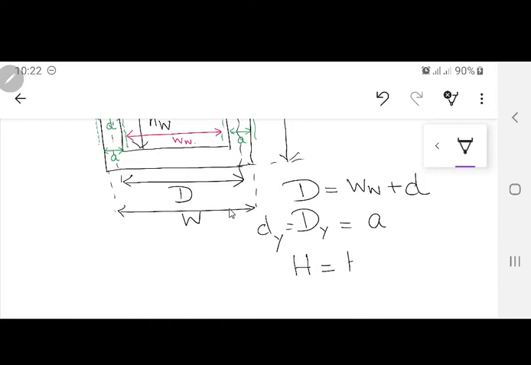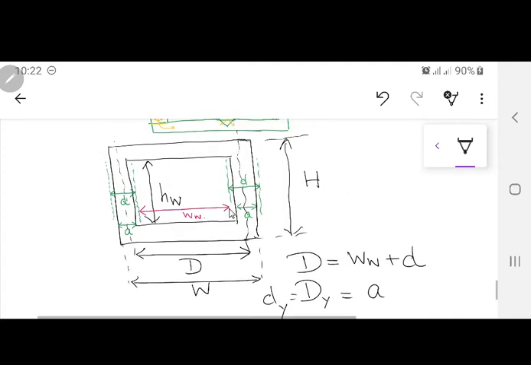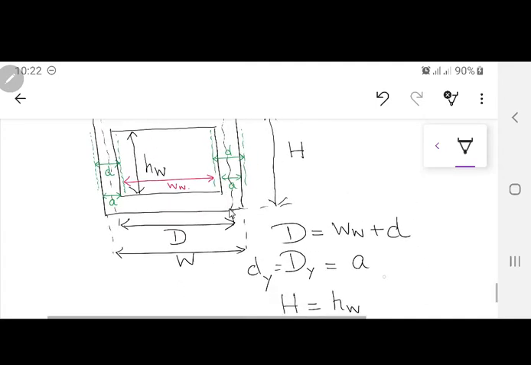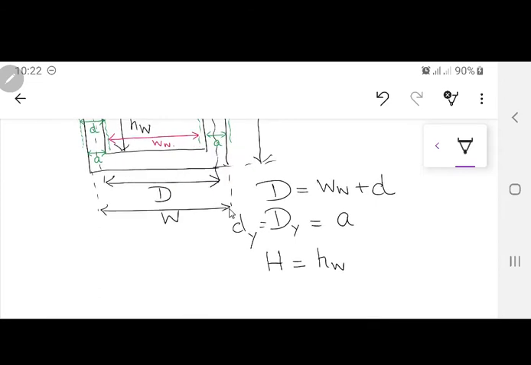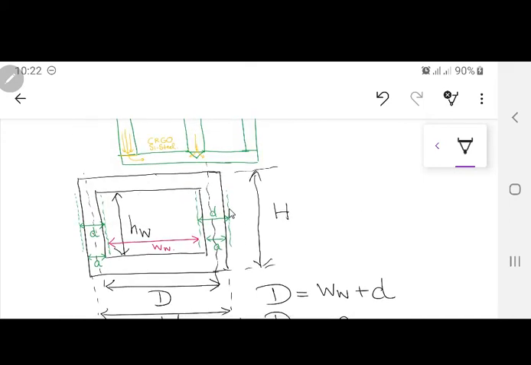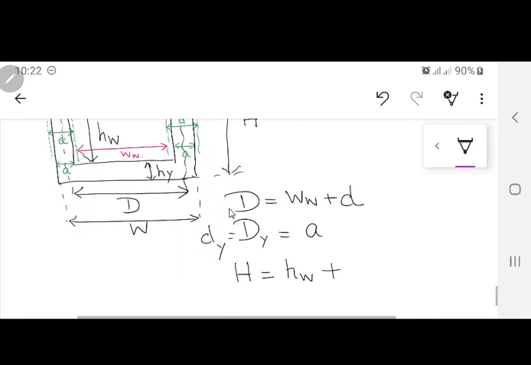This is going to be equal to HW, the height of the window, plus what? Plus the yoke height multiplied by 2. Why? Because this distance, as we found just now, is equal to the height of the yoke. So this is going to be equal to 2 times Hy.